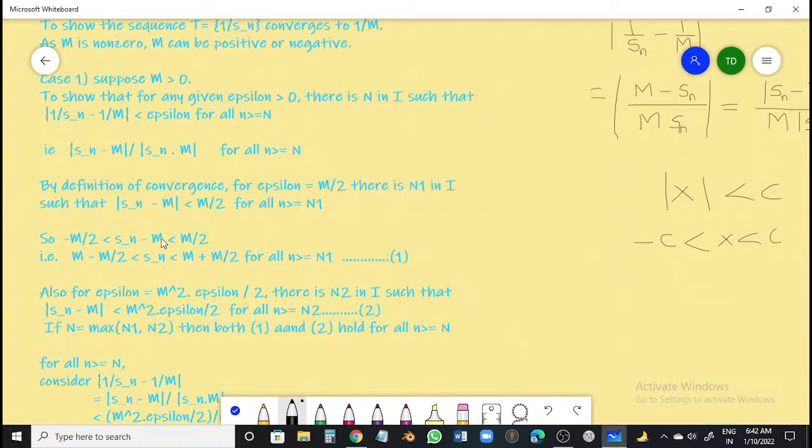Okay. Now let us add this m throughout. So what happens? m minus m by 2 is less than Sn, which is less than m plus m by 2. What do we mean by this? This m minus m by 2 is simply m by 2. So all the terms Sn are going beyond this m by 2. This is what we mean.